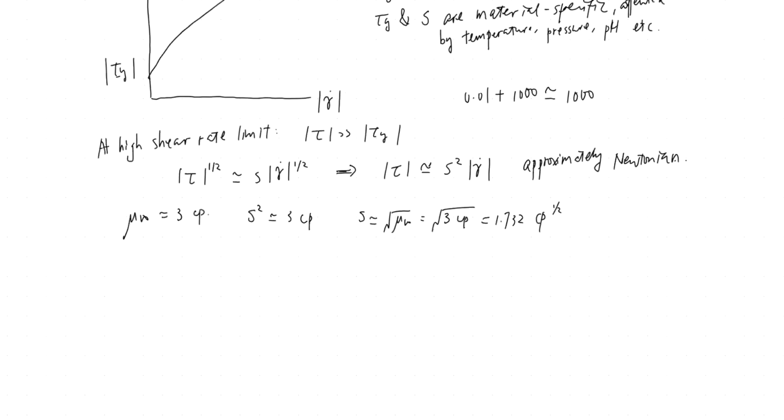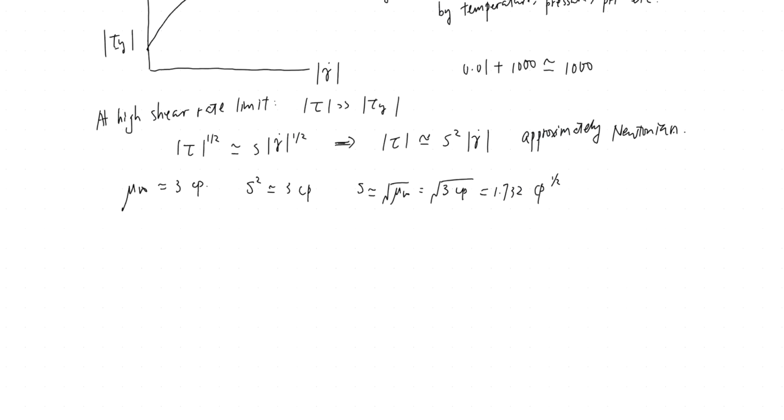Okay, so this is the constitutive relation for Casson fluid, and this is also the constitutive relation for blood. Let's look at an example.